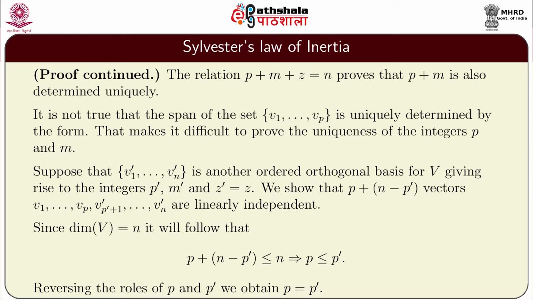We can see that there are precisely p plus n minus p' of them, and if we can prove that they are linearly independent, then it would follow that p plus n minus p' is less than or equal to n, because n is the dimension of the vector space V, and therefore the maximum number of vectors which are linearly independent in V can be n.